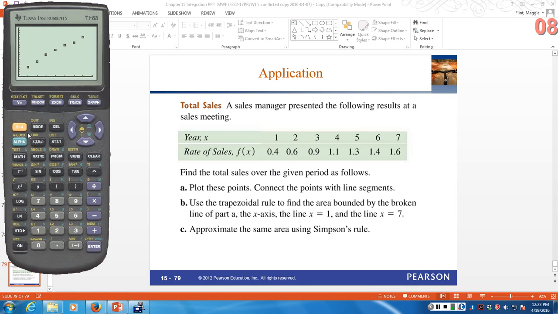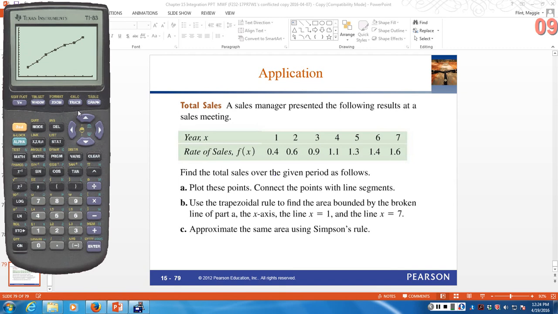Now they want us to connect these points with line segments, not a curve. So if you want to see the line segments, go back to stat plot, back to plot 1, and choose the one after the scatter plot, which looks like a line graph. And then just go back and graph again, and we see that.